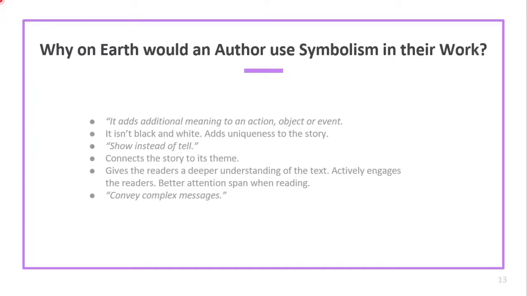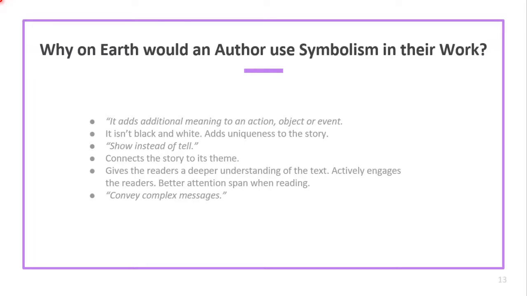And a common reason why symbolism is used is because it follows the message of show instead of tell. Telling is very boring and kind of dictatorial, but when you show things, then it adds an element of creativity and adds a certain vibe to your story. Symbolism connects the story to its theme. So if the theme is danger, destruction, we can use fire to funnel that theme, to funnel that storyline.